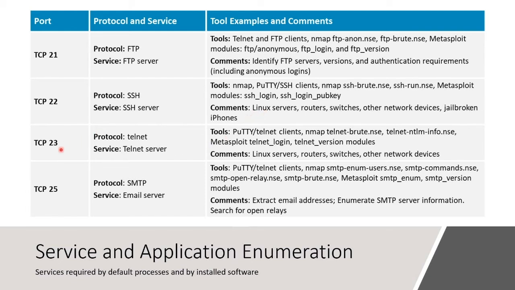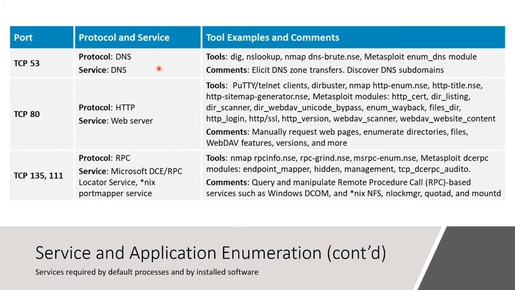And then for Telnet, TCP/23, again, we have all these tools that we can use. You are not expected to memorize these tools, but just so you can see, there are loads of possibilities. For SMTP, loads of possibilities. For DNS, there's dig, nslookup, Nmap scripts, Metasploit, and there's even more than just this.